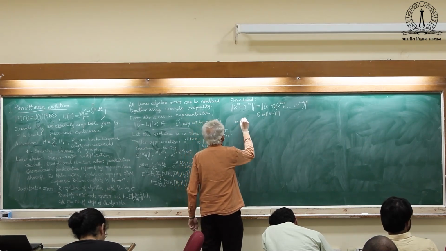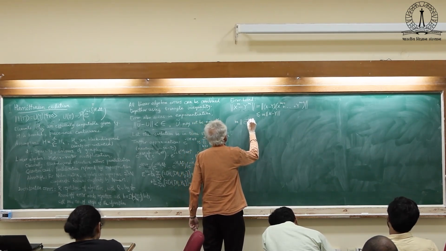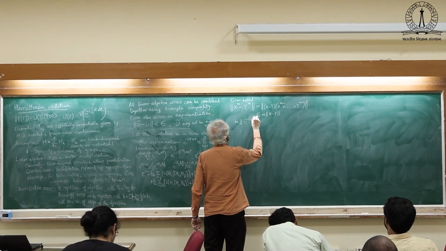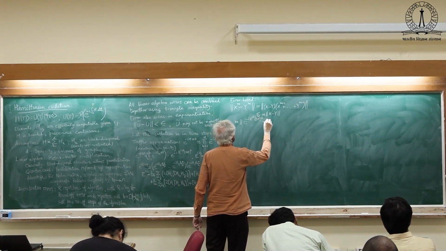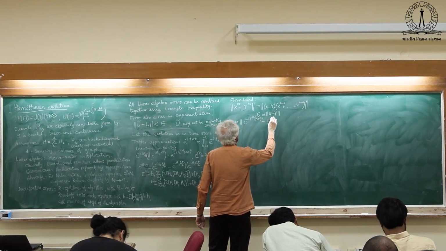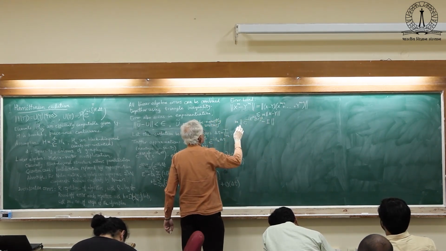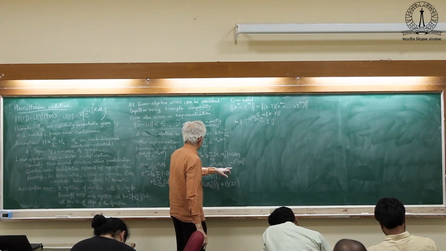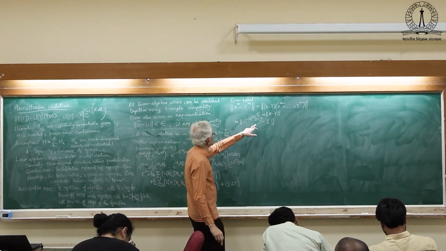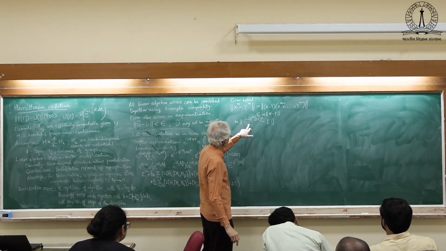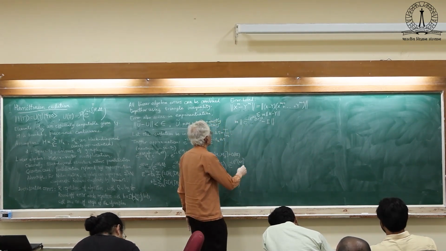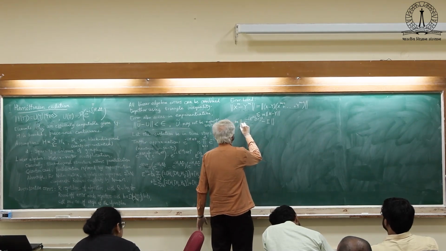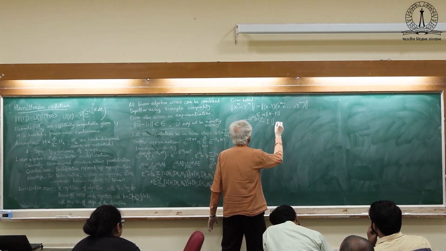I'm just writing it down more explicitly. This is a general result. What we need is this particular application where the difference is this error part and the other part is identity. What is the result for this?